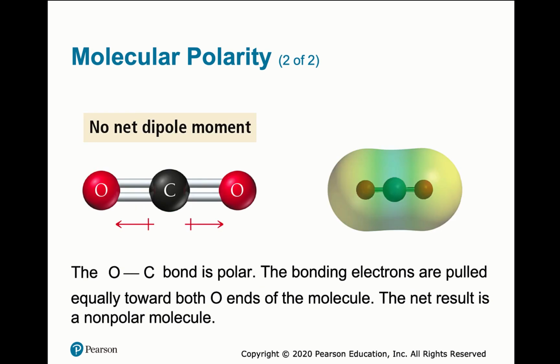For carbon dioxide, the bonding is polar, but the oxygens are pulling equally against the electron cloud of carbon, and because of this, the 2 vectors cancel each other out, and carbon dioxide is nonpolar. And why do we care if things are polar or nonpolar? We'll talk about that soon.